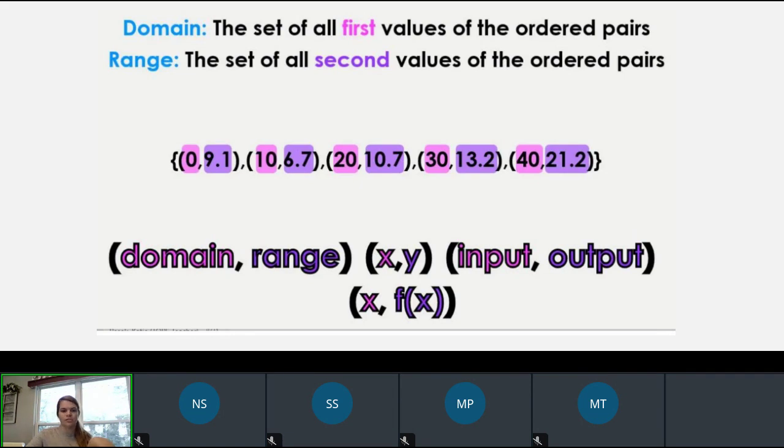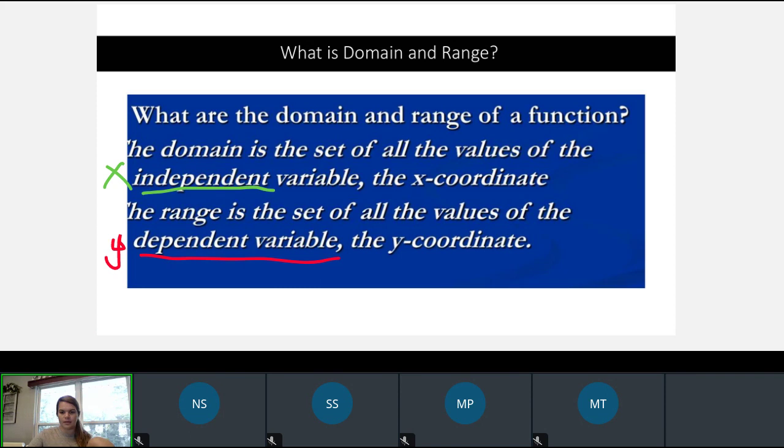So actually, I'm going to paste the, it's called a mnemonic device, but it's just like a silly word. It's kind of like PEMDAS that you can add to your notes and reference.